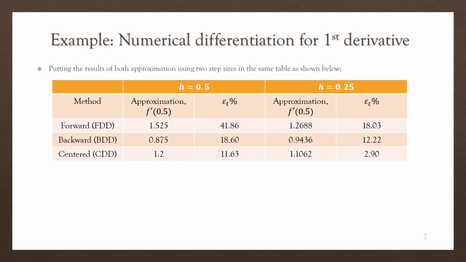But for CDD, the estimate of error is O(h squared), where the estimate of error is quadratically proportional to the step size. That's why by reducing the step size, you can see the CDD improves significantly. And even before you reduce the step size, you can see that the CDD has a much better approximation compared to the other two methods.